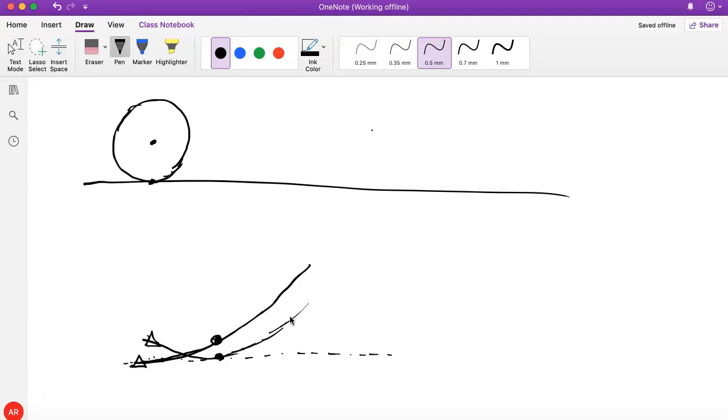So one way to view this type of motion is that instantaneously, if you look at very, very tiny time scales, it looks like you're rotating around the bottom point that's touching the ground. If an object is just rotating, the point that's stationary is the point around which you rotate.